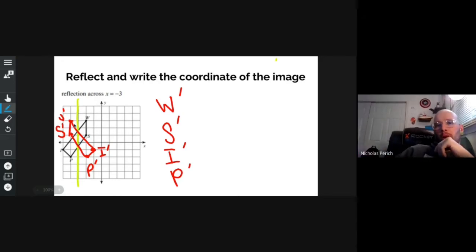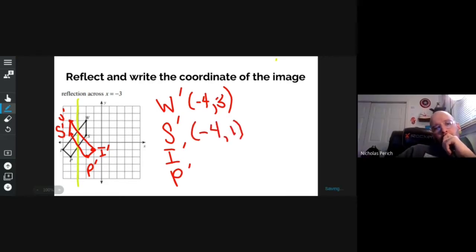So W prime is left 4, up 3. S prime is left 4, up 1. I prime is left 1, down 1. And P prime is left 2, down 2.